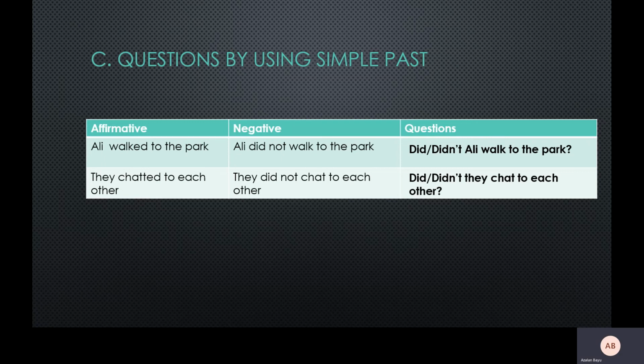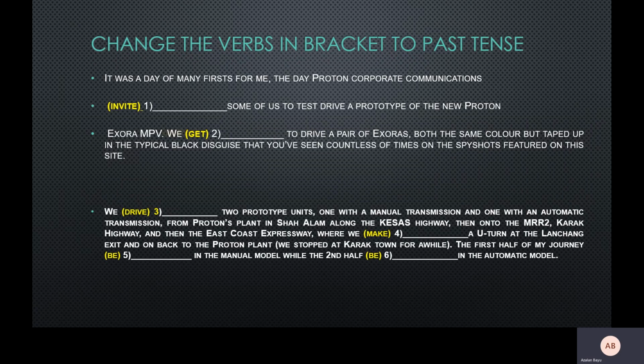All right. Same goes to the next sentence. Okay, they chatted to each other. Okay, they did not chat to each other. Did or didn't they chat to each other? Okay, so again, you have to refer to the negative form to form a question to make the process easier.